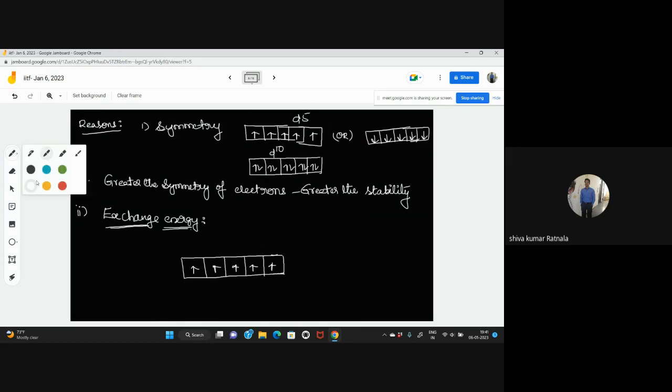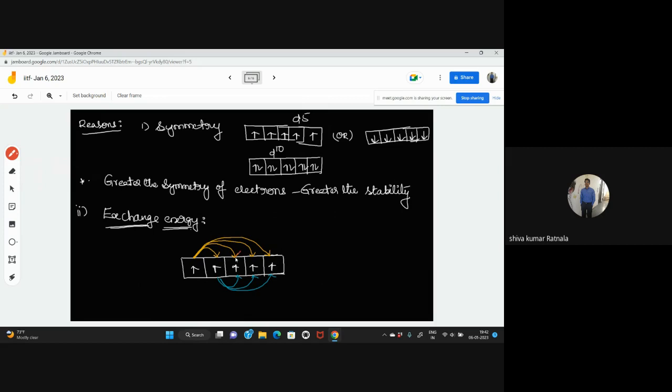Now if I'm following any one direction, clockwise or anti-clockwise, the first electron can exchange position with the second electron, or with the third electron, or with the fourth electron, or with the fifth electron. So for the first electron, 4 exchanges are possible. The second electron can exchange with 3, 4, or 5.